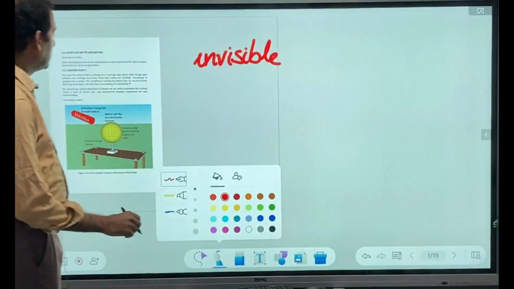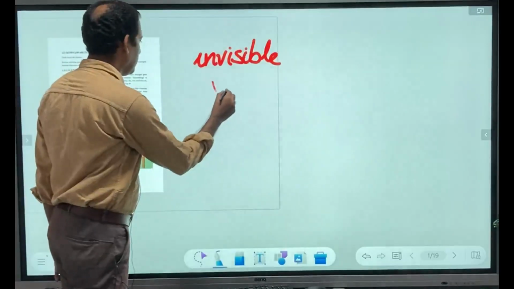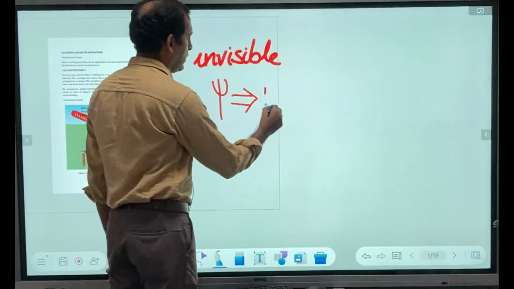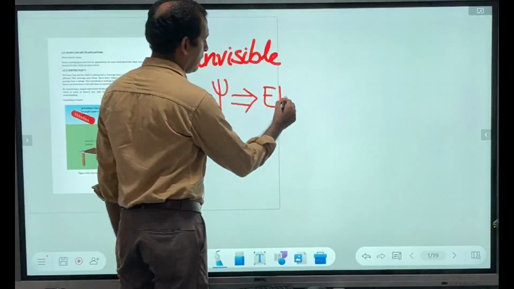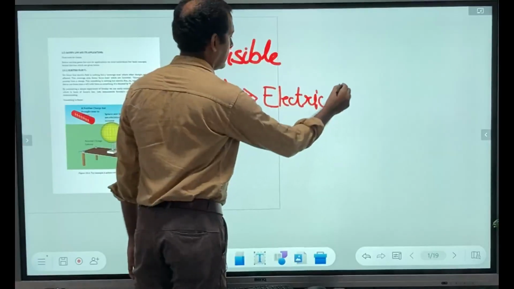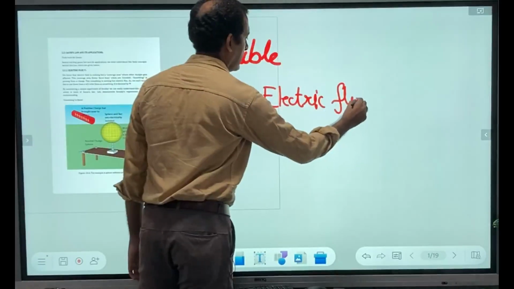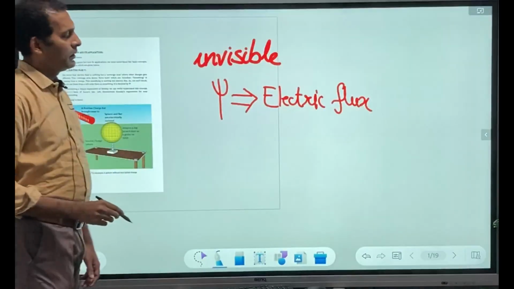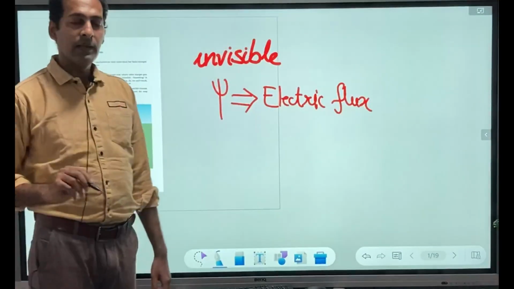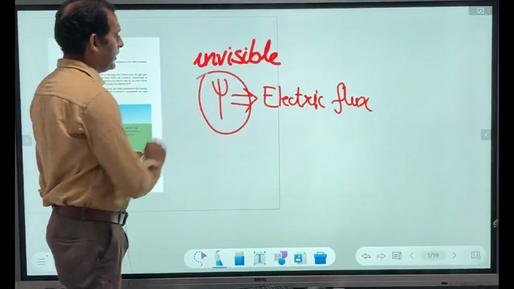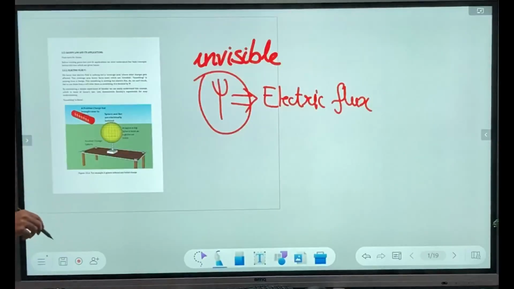This something which is crossing is defined as electric flux psi. So this is part of our subject, electric flux. This chapter particularly discusses Gauss law and its application. They are solely depending upon the flux.